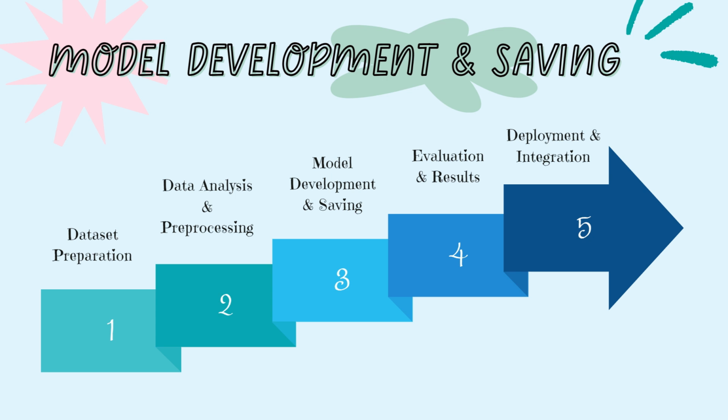All models were trained using validation sets, then tested. We evaluated them using accuracy, precision, recall, and confusion matrices. Step 5, Deployment and integration. We integrated all models into a single interface for easy comparison and real-world use. Each of these steps was crucial in building a reliable medical-grade system.